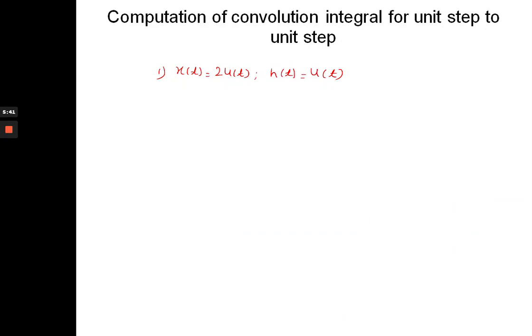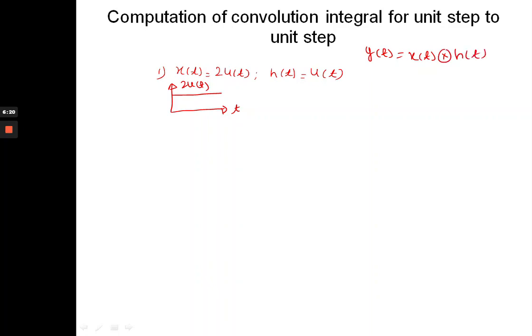Now first we will consider the convolution of unit step with unit step. Here we have taken this example: h of t is u of t and x of t is 2 u of t. Our aim is to find y of t, which equals x of t convolved with h of t.